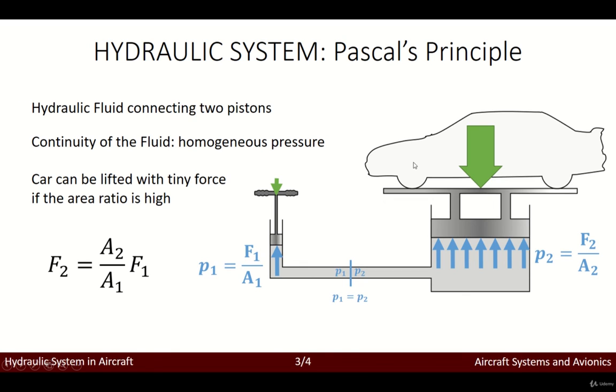And this is actually very important in aircraft, meaning that if the pilot applies a relatively small force, we can actually move big components on the aircraft through this kind of transmission, okay, using hydraulic system.